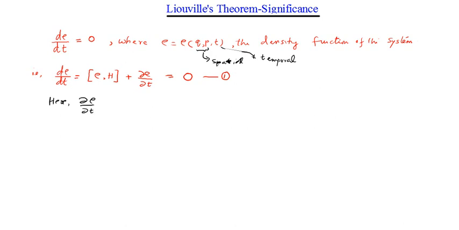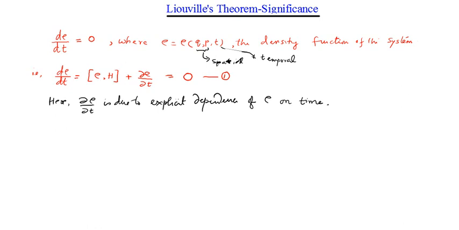Dou rho by dou t is due to, or it represents, the explicit dependence, meaning direct dependence, of rho on time. So dou rho by dou t represents the temporal variation of the density function with respect to time, or it denotes the explicit dependence. Explicit means how it directly depends.